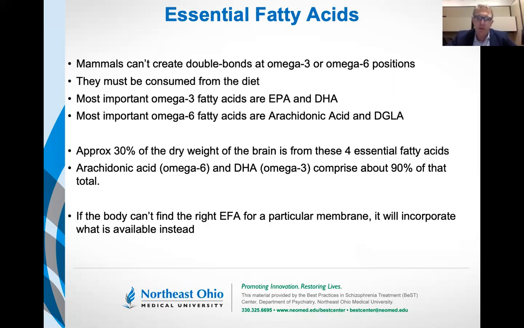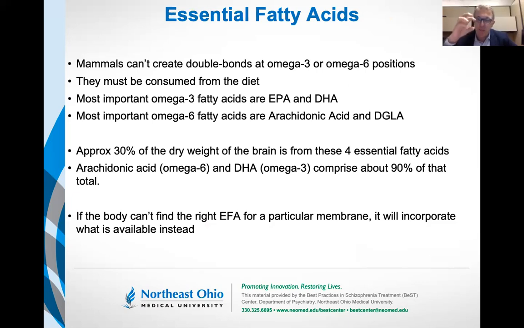So that will have some deleterious effects. And I think if you look at the second set of bullet points, the neurological or neuropsychiatric importance of the essential fatty acids is evident in these numbers. If you take out all the water, then one third of the weight of your brain is fatty acids, essential fatty acids, by the way. And of those, four, two in the omega-3 family, EPA and DHA, and two from the omega-6 family, arachidonic acid and dihomo-gamma-linolenic acid, which we'll call DGLA, comprise 90% of all the fatty acid weight.